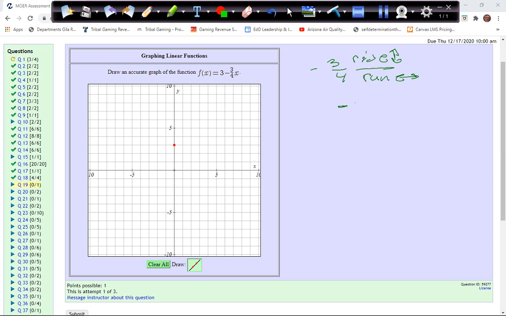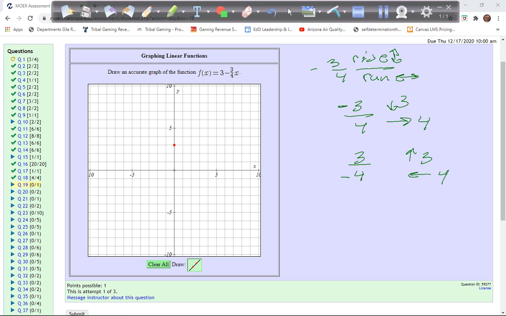So we can look at this as negative 3, going down 3 and then over 4. Or you could do it as up 3, the negative on the bottom, and back 4. Either way, you'll get those points. I'll show you, you get both of them at the same time, sort of.